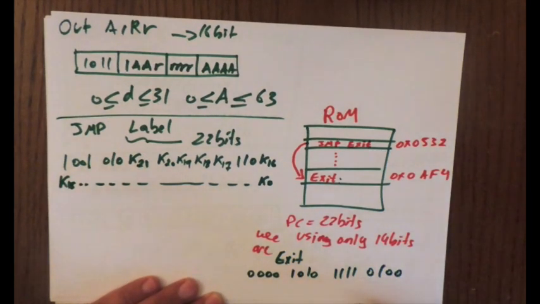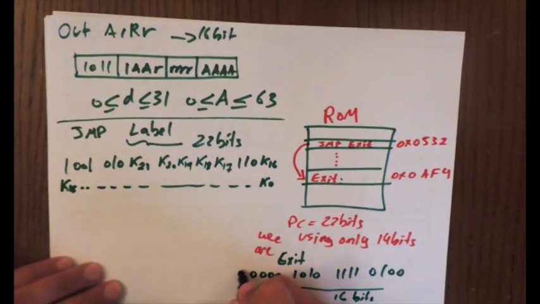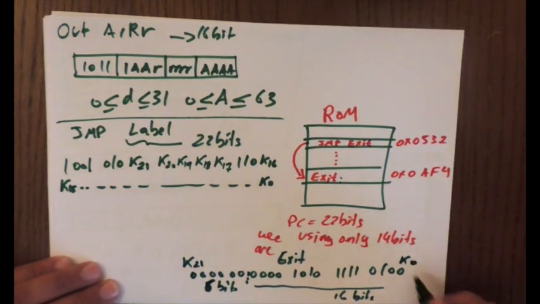These are 16 bits, right? However, I have 22 bits, so I need to add 6 more bits, so I have 22 bits. Okay, so this will be K21 and this will be K0.